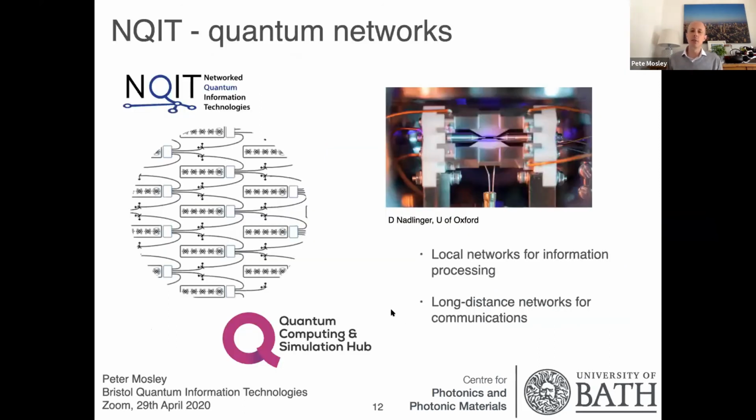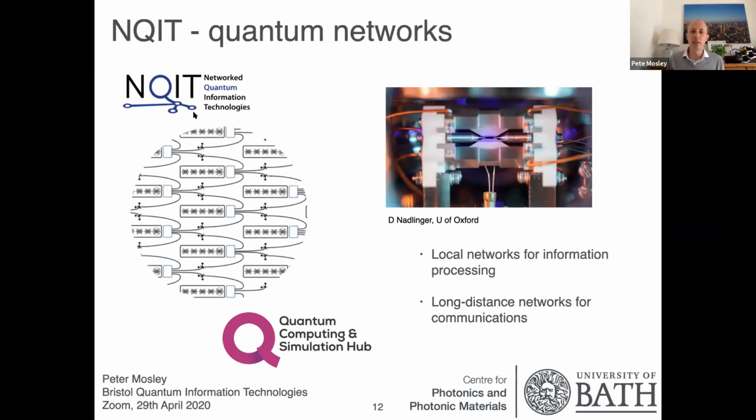And this is something that's really come out of the membership that we've had of what was previously NQIT, the Network Quantum Information Technologies Hub, that's now metamorphosed into the second phase, QCS, the Quantum Computing and Simulation Hub.